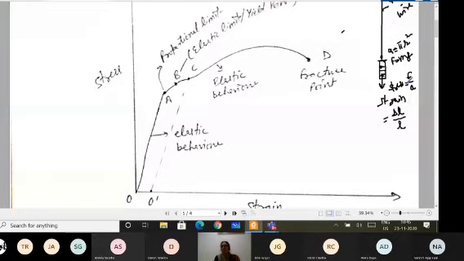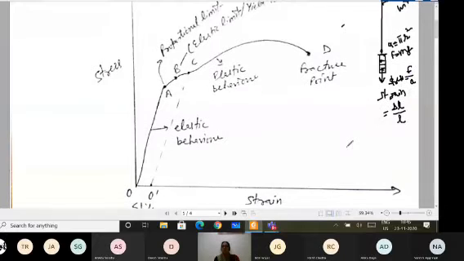The experiment was actually done by Young, after whom you have studied Young's modulus of elasticity. He performed this experiment, and when he applied the stress, this was the graph attained. From O to A, I get a straight line graph.